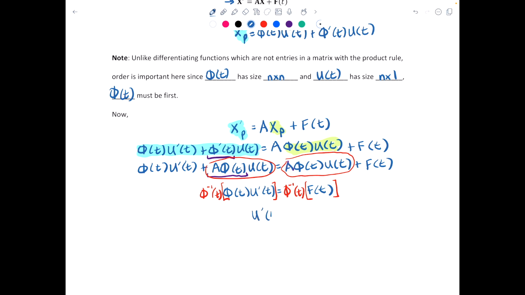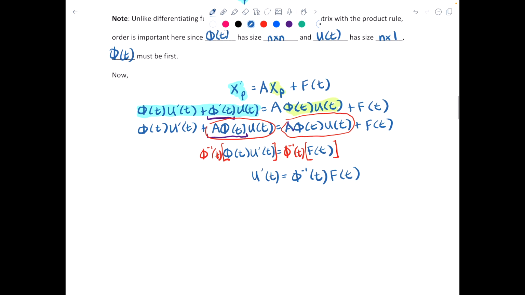So we'll get u prime at t is equal to phi inverse at t times f at t. Cool so far? Isn't it kind of groovy how that works out? And then if you were to integrate both sides, you would end up having u at t is equal to the integral of phi inverse at t times f at t dt. Cool?